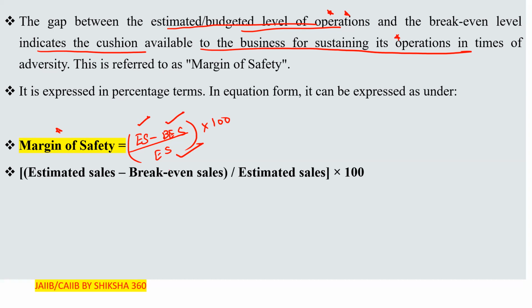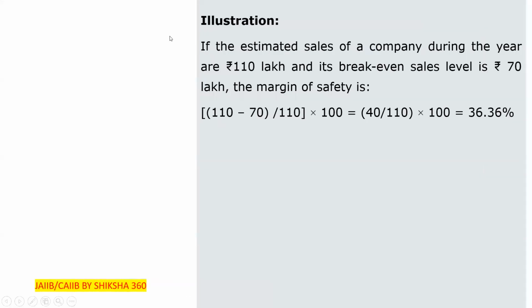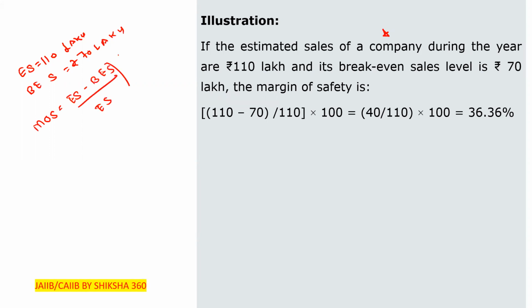Now let's discuss this with the help of one example. If the estimated sales of a company during the year are 110 lakh and break-even sales are 70 lakh, what is the margin of safety? Estimated sales minus break-even sales upon estimated sales into 100.